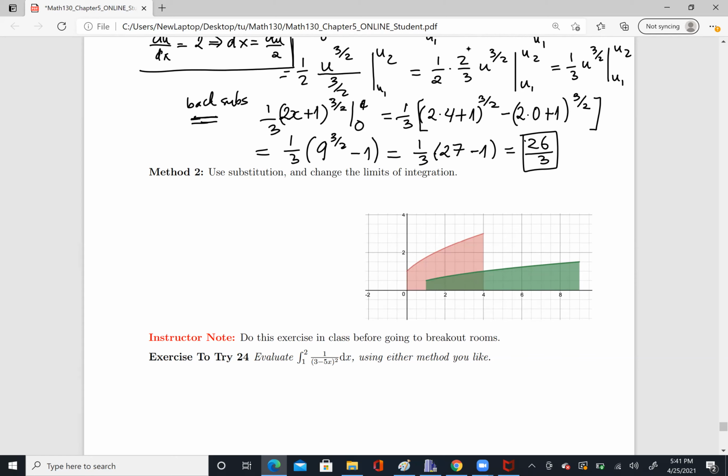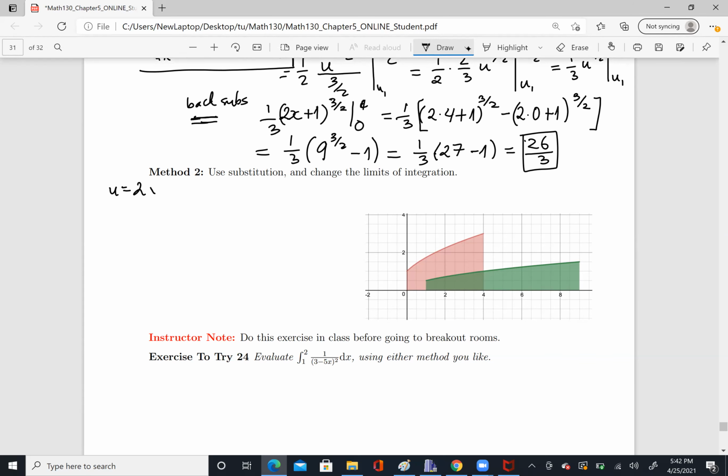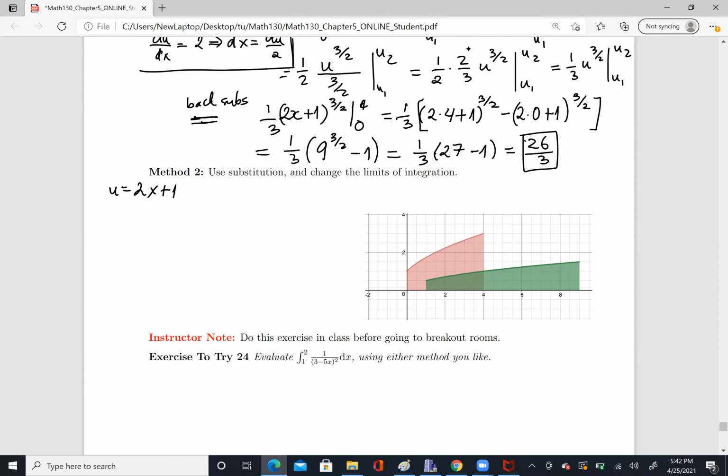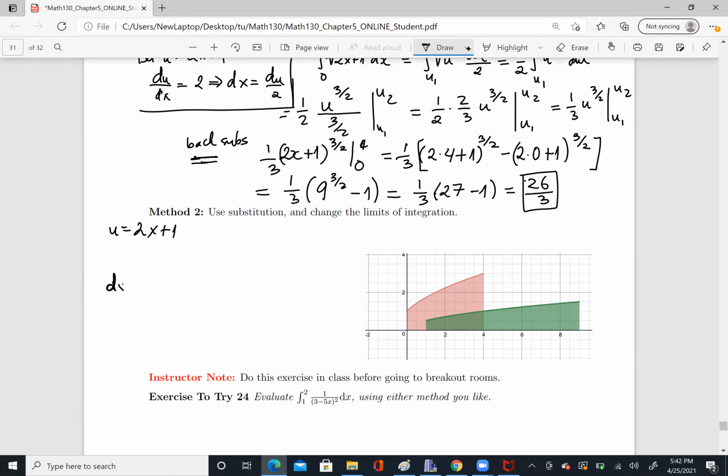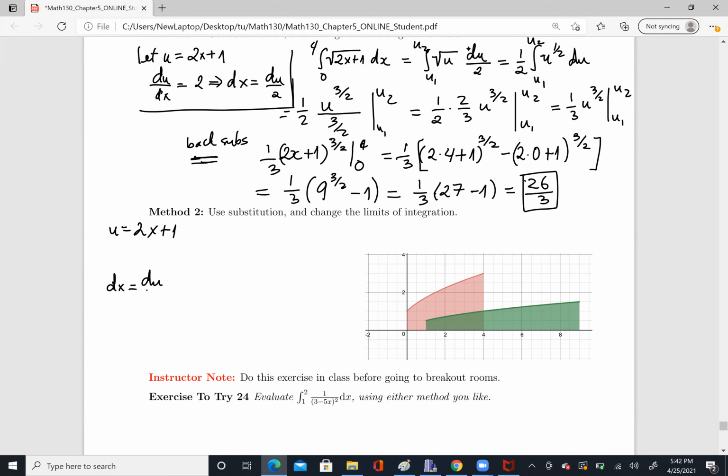Again, I still have u equal to 2x plus 1, and from above I have dx equal to du over 2. But remember that the limit is from 0 to 4, so I need to change the limit.